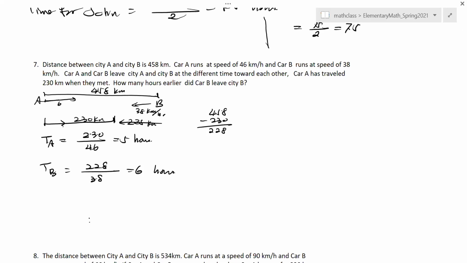That's right, 1 hour. The answer is 1 hour. It takes car B 6 hours to travel the distance, 228 kilometers, and by that time, car A traveled for 5 hours. That's why car B is 1 hour earlier.